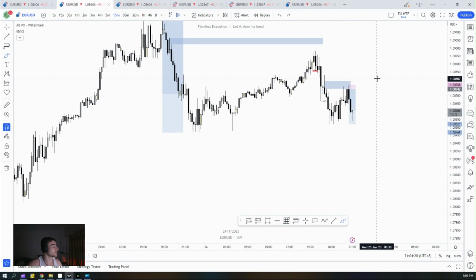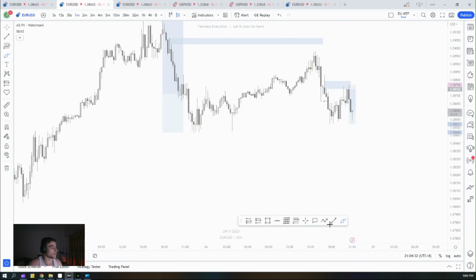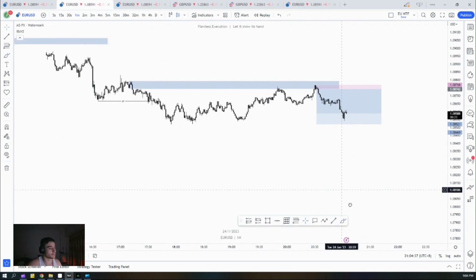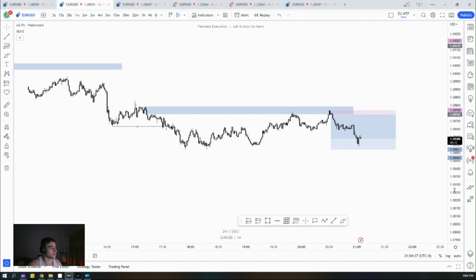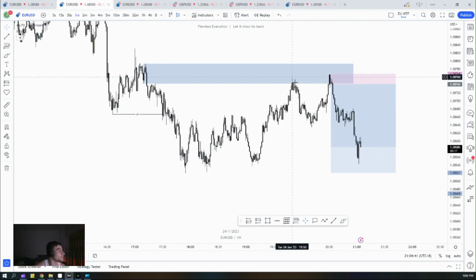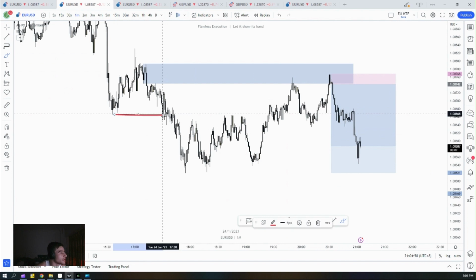Now, if I go onto the lower time frames, you'll be able to see just why I took the trade. So why didn't I short this? Well, if you notice here, this is our last order flow range. So anything out of here is invalid, even this is invalid.